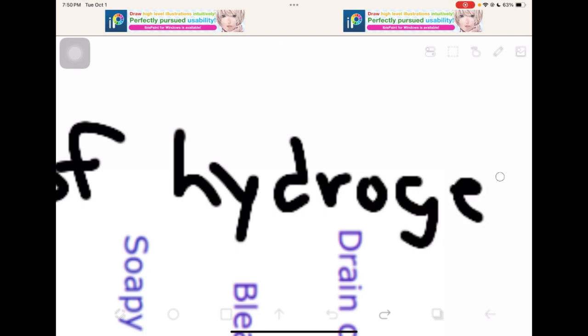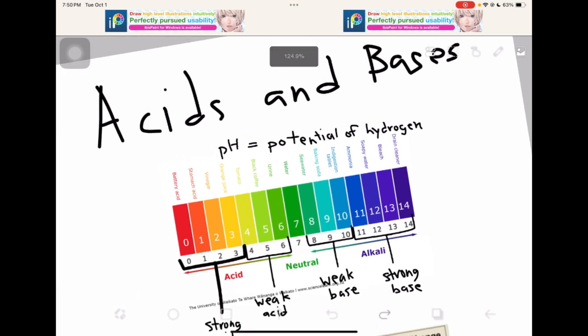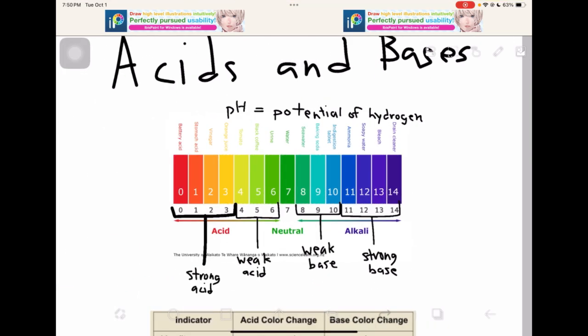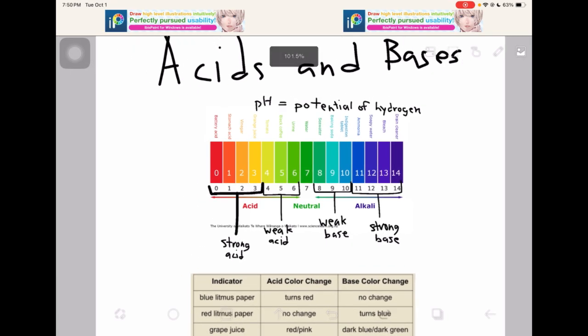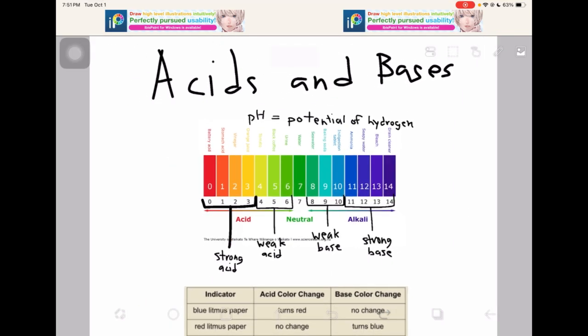Basically, 14 means very low potential of hydrogen, and 0 is basically hydrogens everywhere. I can't really say for certain, so we have to review the material, because I was actually absent during this presentation because I was sick.